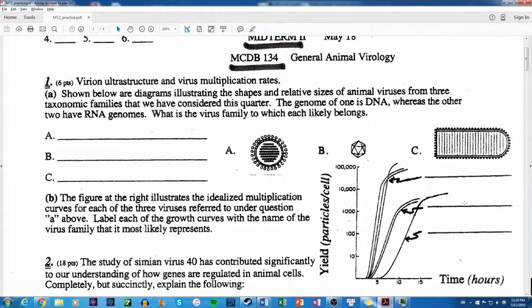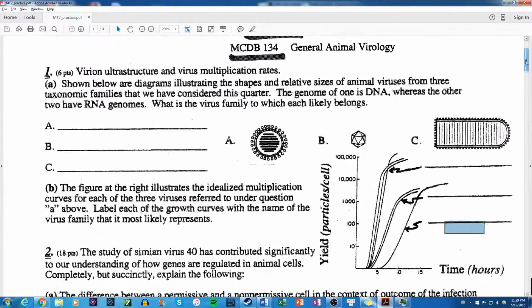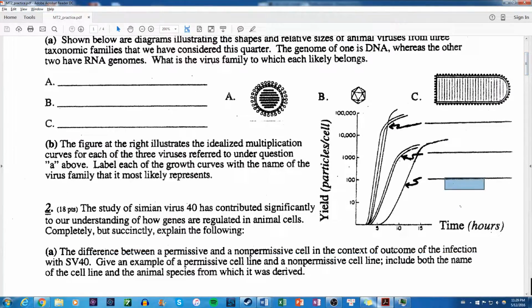So this is influenza. Now this is where it gets kind of confusing, because on the handout, this third one right here is shown. He only shows Reoviridae, but we don't have Reoviridae from part A. So you can't put Reoviridae here, but through a process of elimination, you can put polyoma or papillomaviridae.